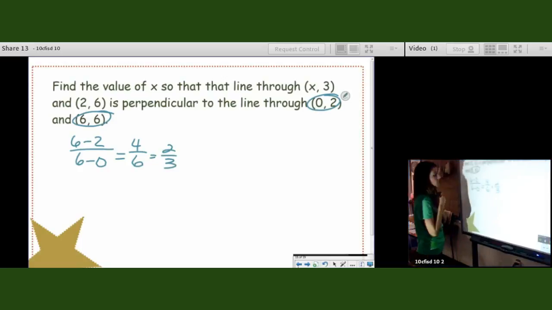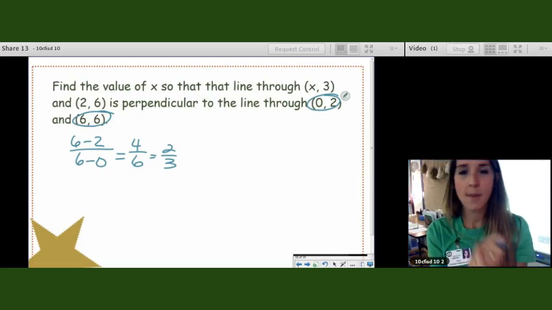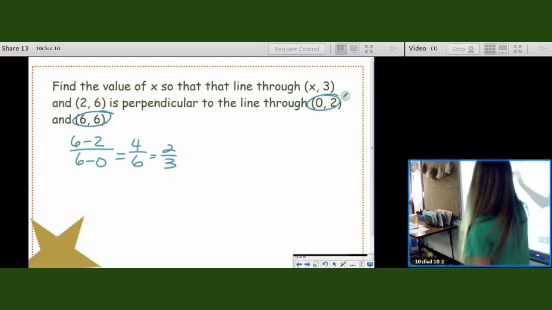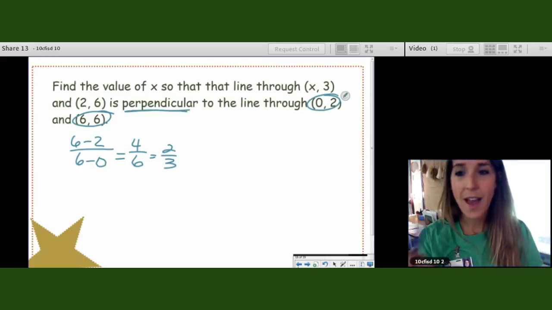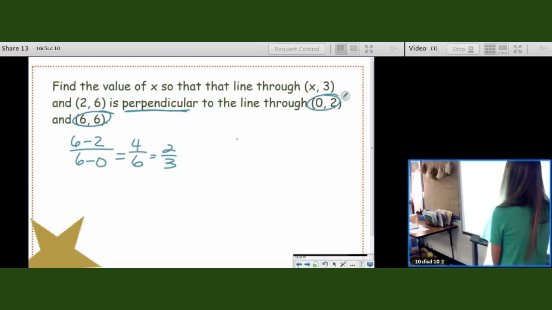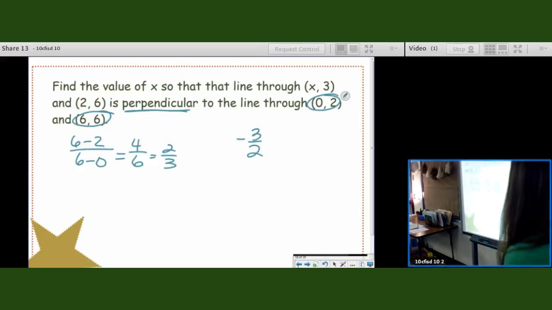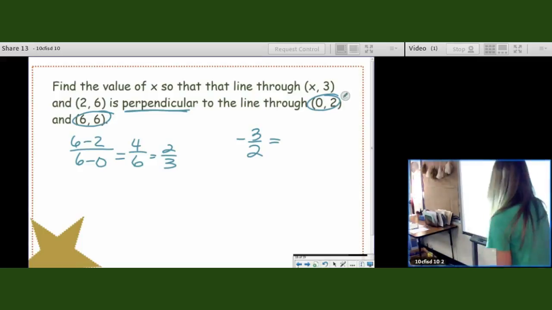Cool. 2/3. All right, so now that I know the slope, I'm going to force that slope to be an opposite reciprocal because I want my line to be perpendicular. So I take that slope, I flip it and switch it, opposite reciprocal. My new slope is -3/2. That is the slope, but I don't know my x value yet.